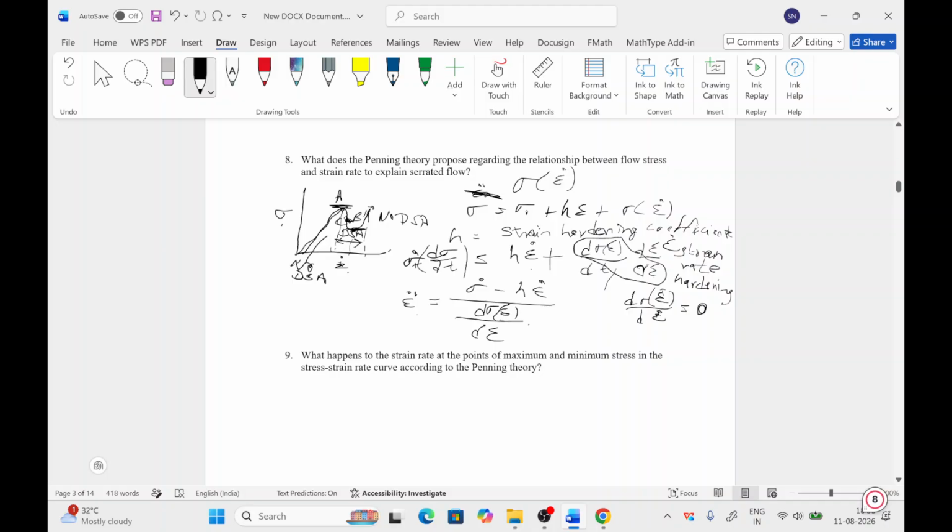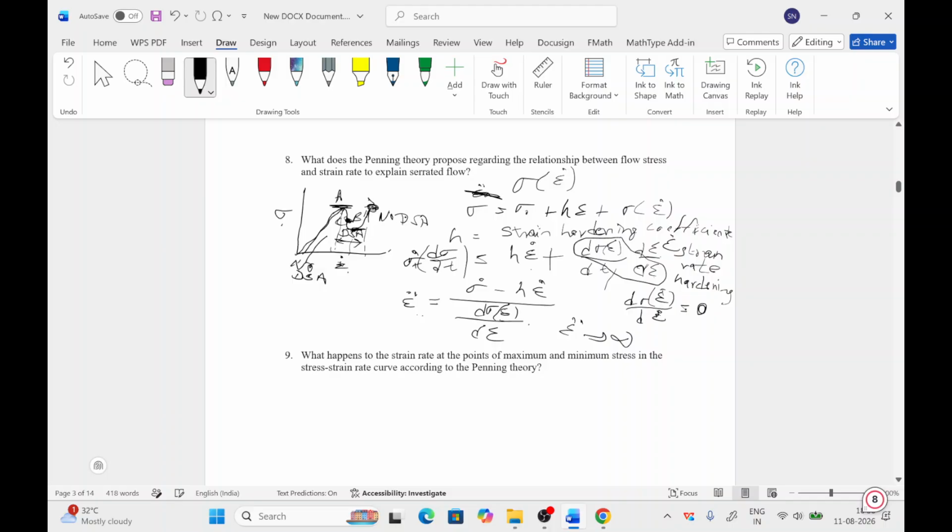So at the C point, we have the applied strain rate. For the applied strain rate, the stress increases up to the A point, and as it reaches the A point, the strain rate hardening goes to zero, and epsilon dot goes to infinite. So the strain rate increases to this point.